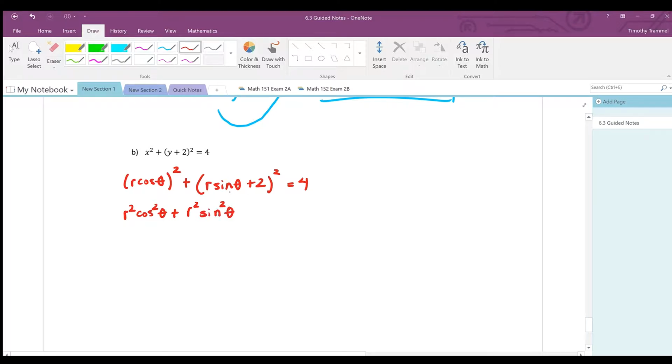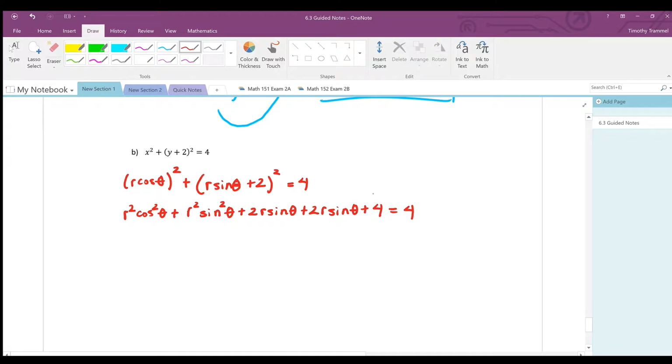Then the first term times the second term is going to be plus 2r sine theta. And then we'll end up having another one of those, plus 2r sine theta. Remember, we're foiling. And then finally, if we multiply the last term by itself, that's plus 2 squared, which is 4.